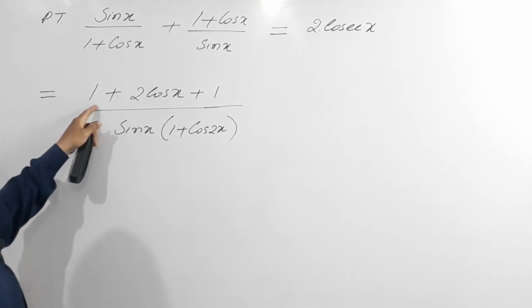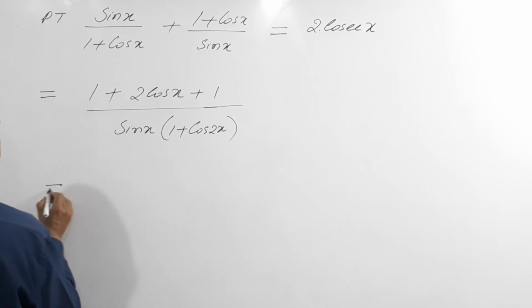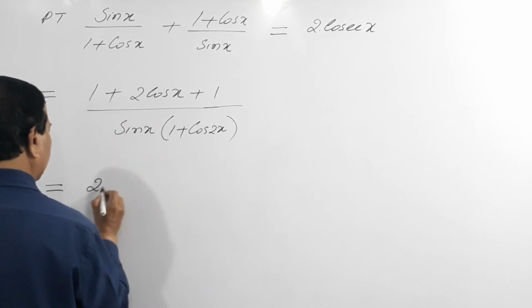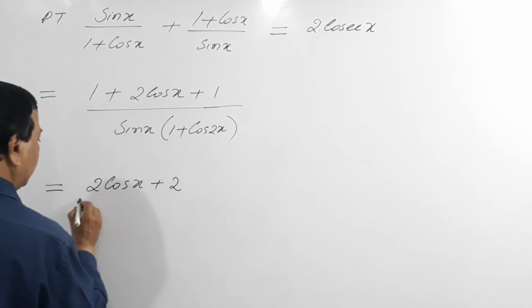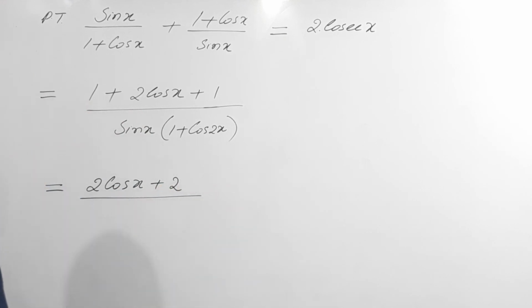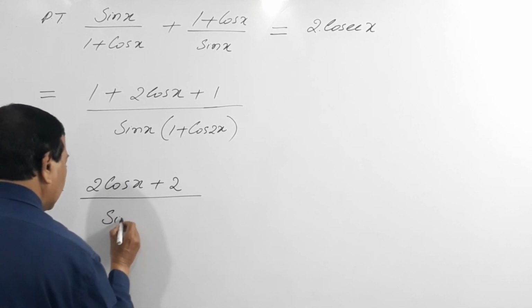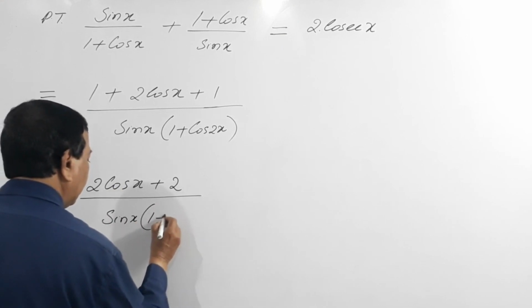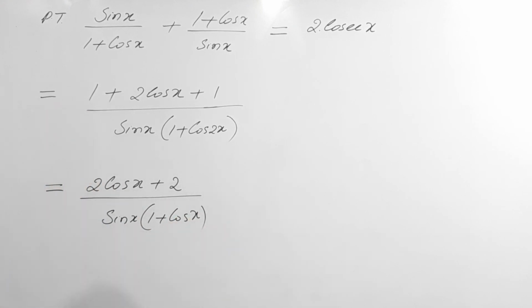So here 1 plus 1 is 2. That is, I can write like this: 2 cos x plus 2 divided by sin x into 1 plus cos x. Correct?